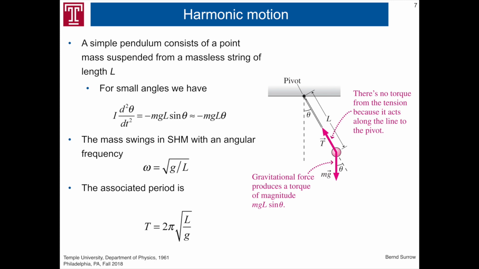So r, the location vector for calculating torque, is going from the point of rotation to the point where the force is applied, and then cross F. So here the respective force is under an angle. The torque relative to the tension is 0 because they are 180 degrees apart. So now you can calculate here I d squared theta dt squared.